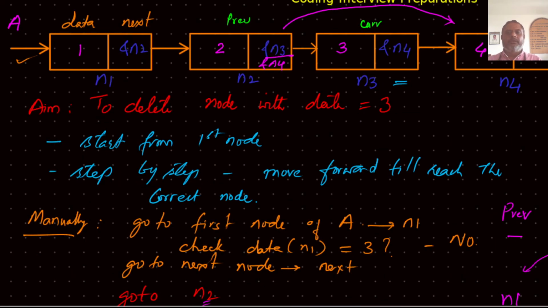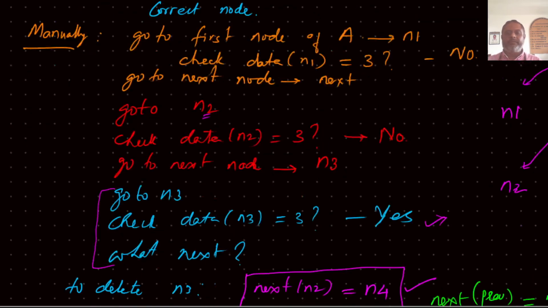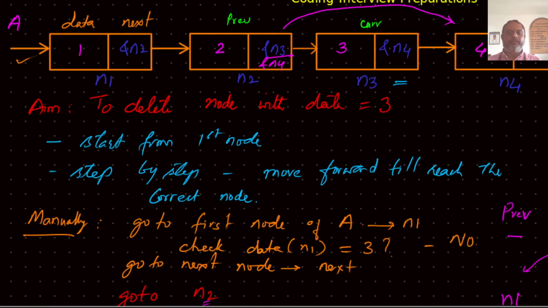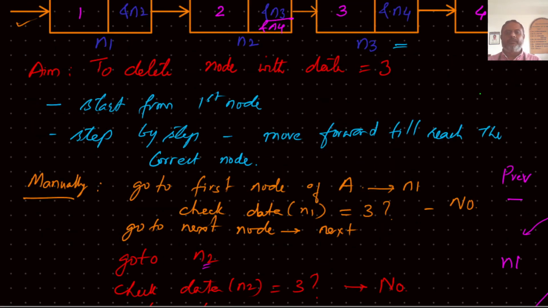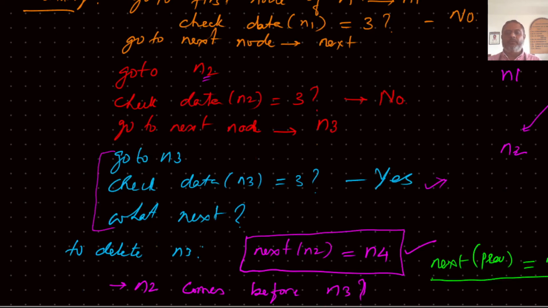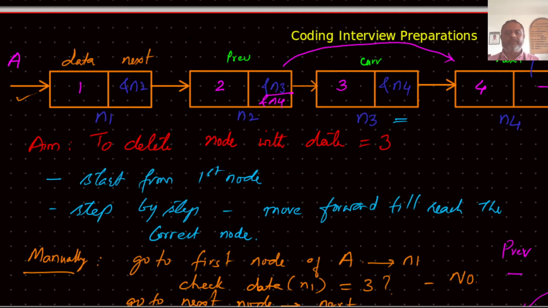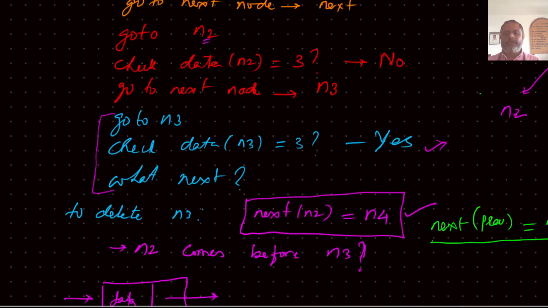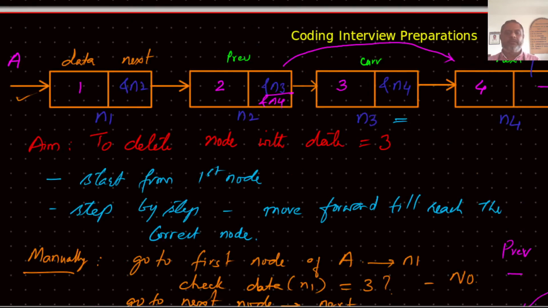We wanted to remove this, therefore we looked at what is previous. Previous is N2. In N2's next position, we write what is there in the next position of current. That means this ampersand N4 is copied into this.